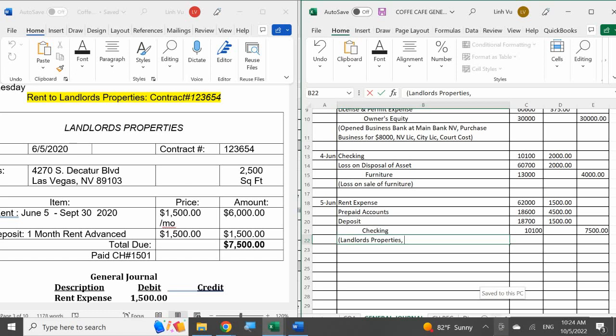Now, what is their proof? What validated that a transaction has happened? What did they give me? A receipt. What kind of receipt? Is there a receipt number on here? No. Check number?